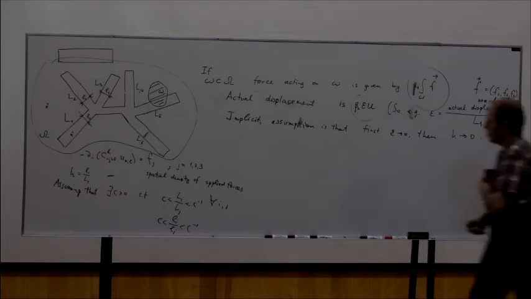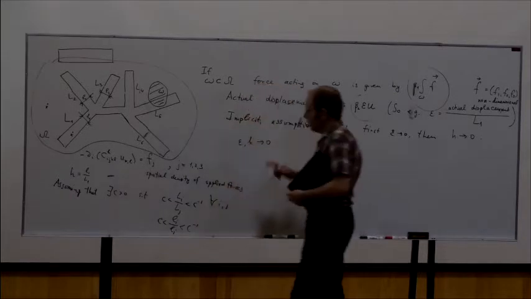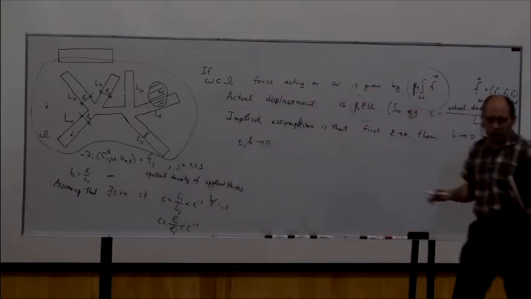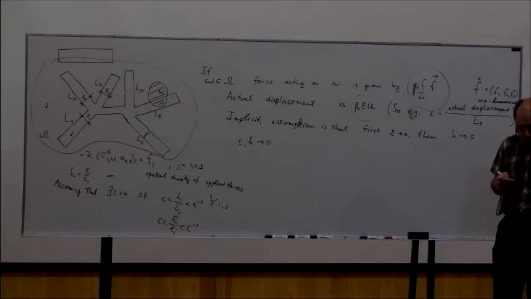But it's an interesting thing to look at. When epsilon and h both go to 0 at the same time, you would need to start with equations of nonlinear elasticity. But this is the subject of a different kind of analysis to what we have been discussing here.